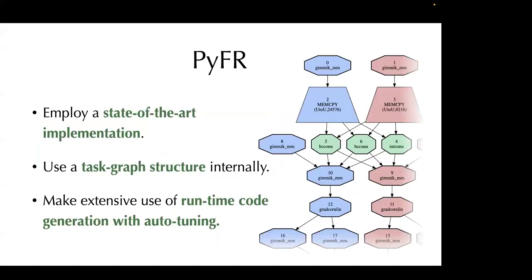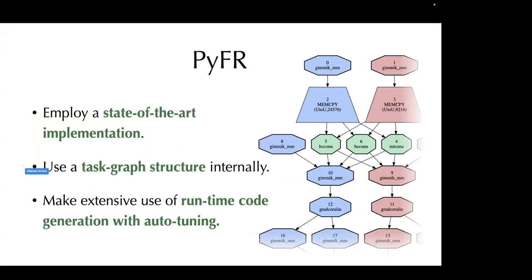And we have quite a few other tricks up our sleeve in terms of our implementation. In particular, we use a task graph structure internally to represent the various operations that are needed and the dependencies between operations. I'm showing an example of a task graph here on the right-hand side.